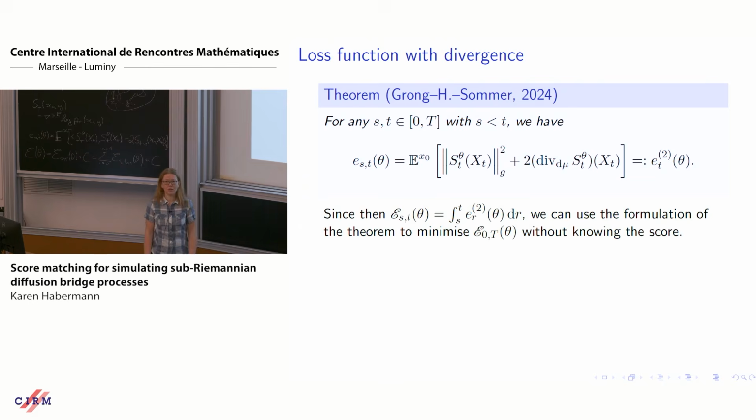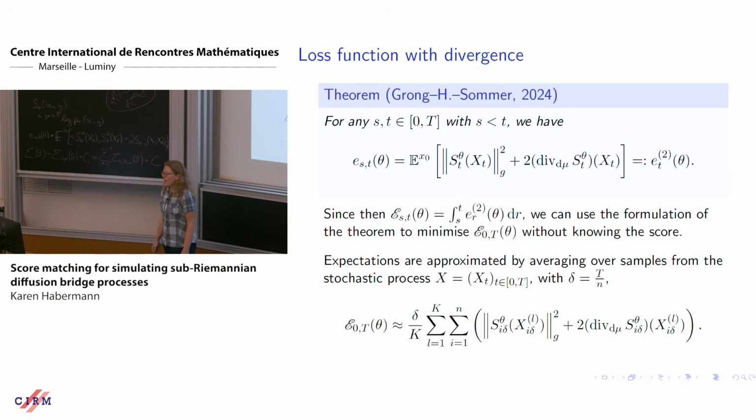So this is just what I just said. We can use this equivalent loss function to obtain a helpful loss function to compute our score. And then just to put this down, obviously, if you see this expression for the first time, numerically, there are still a few things you can't really deal with.